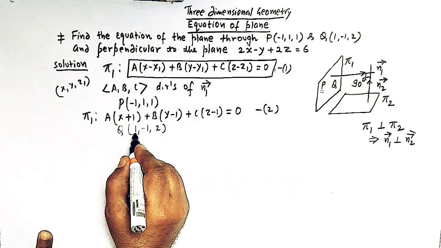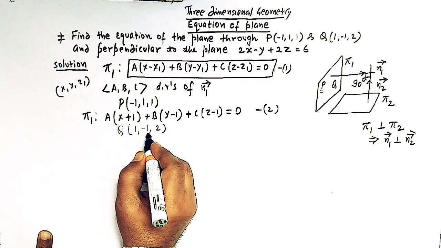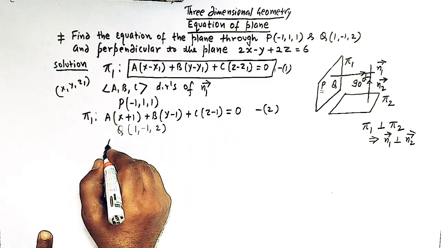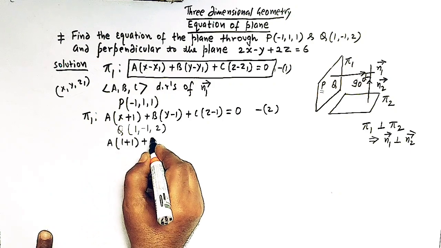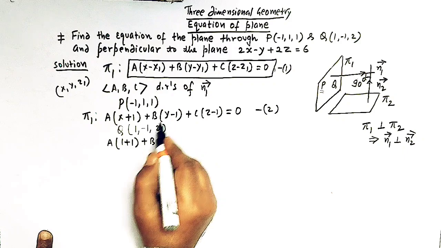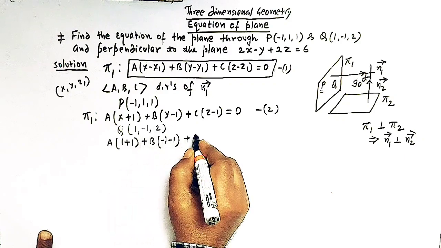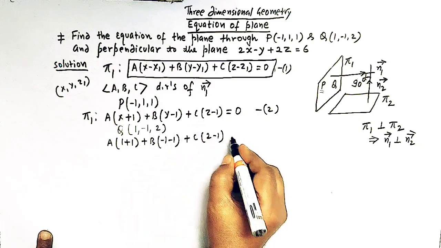So let us write x, y and z as 1, -1 and 2. So we have now the equation a(1 + 1), then we have b times y, where y is -1, so (-1 - 1), and then we have c(2 - 1), so z is equal to 2.